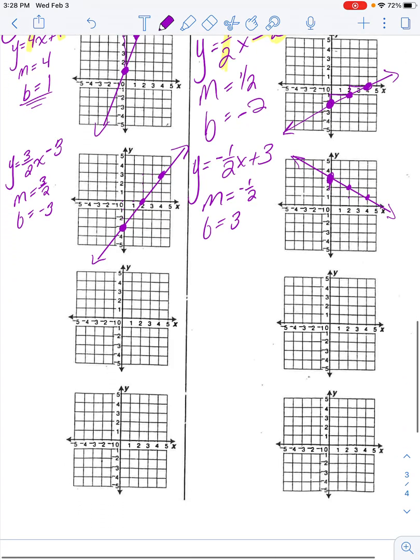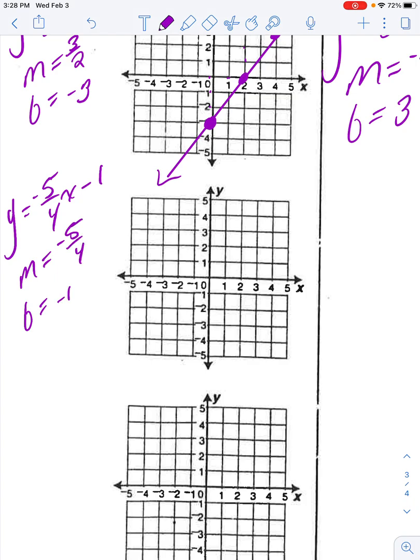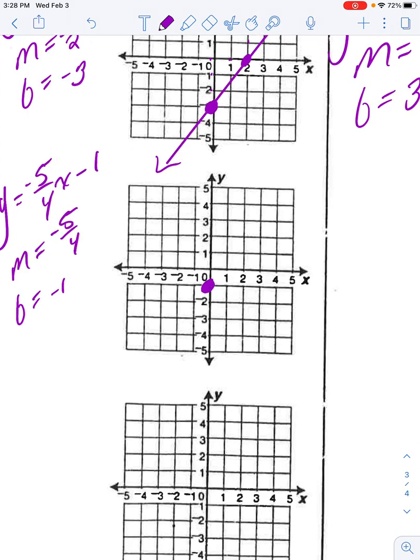Okay, we'll do a few more. Let's do another negative: y equals -5/4 x minus 1. What is my slope? What is my y-intercept? Slope is -5/4. Slope-intercept, I'm starting at -1 on the y-axis. -5/4, down 5, run 4.